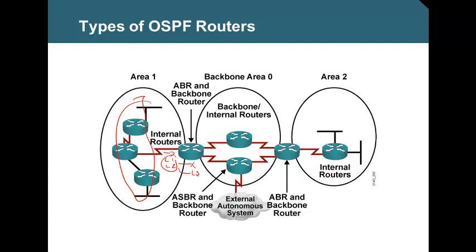It is carrying the information that was distributed locally as type 1 and type 2. Locally, it is seen as type 1 and type 2, but when it is sent out, the ABR converts it to type 3. Only through type 3 will area 0 come to know about area 1 networks. You got it?